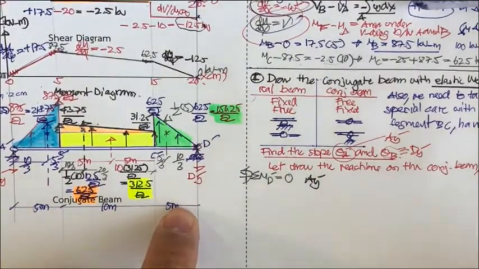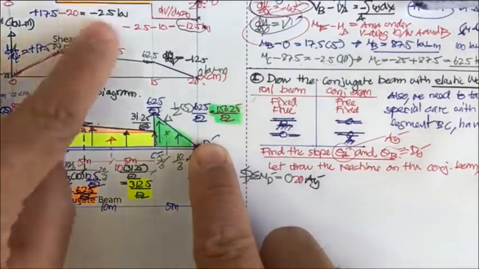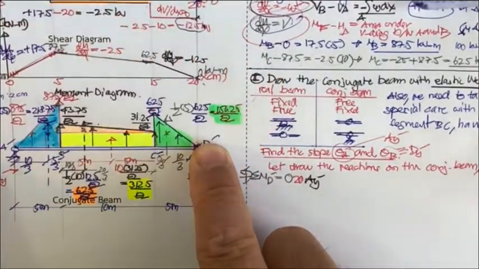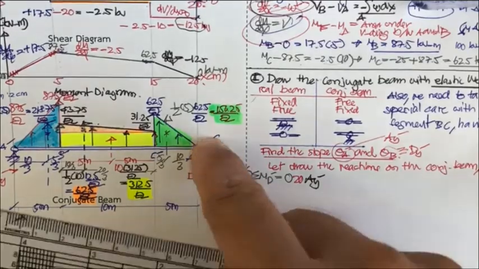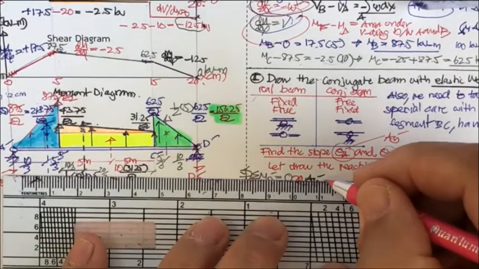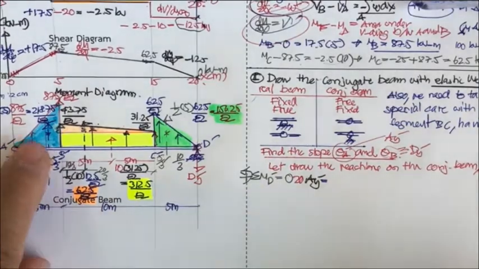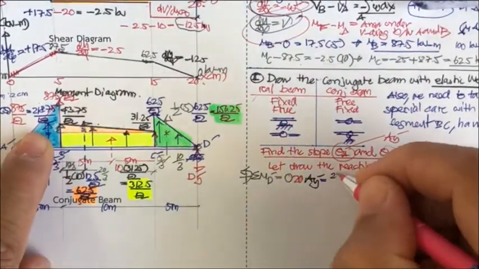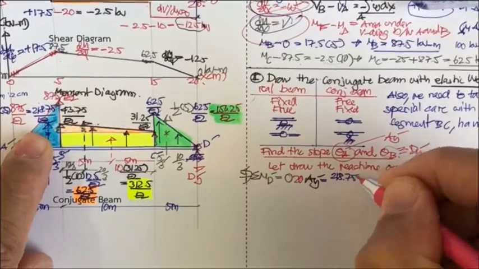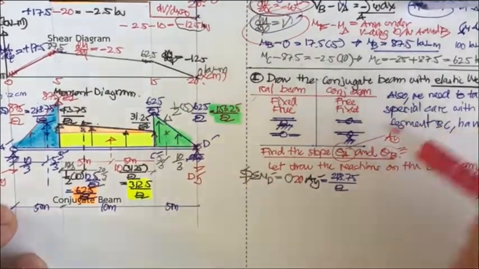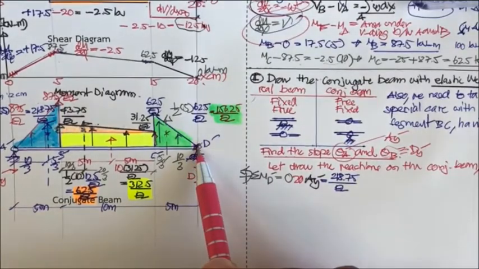And what else do we have? All of them are going to rotate in the opposite direction of the A sub y. So just push it into equal to 218.75 divided by EI. How far is it from that to this?